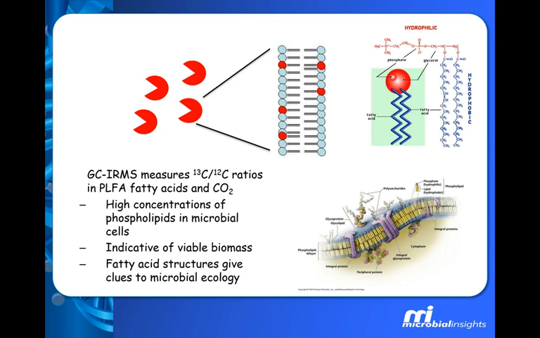If you're not familiar with phospholipid fatty acid analysis, phospholipids make up the majority of the cytoplasmic membrane. There are about 14 to 16 of these common phospholipids, and the C13 will then get incorporated into these phospholipids. If you look in the upper right-hand corner, you see a cartoon drawing of a phospholipid with a polar head and two nonpolar tails.